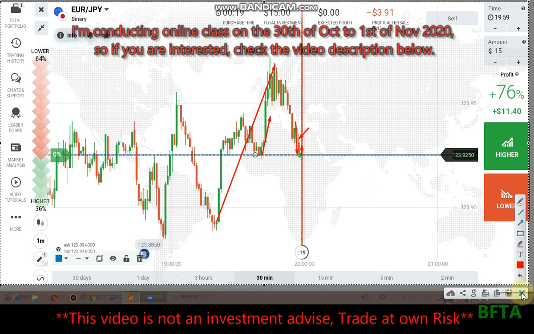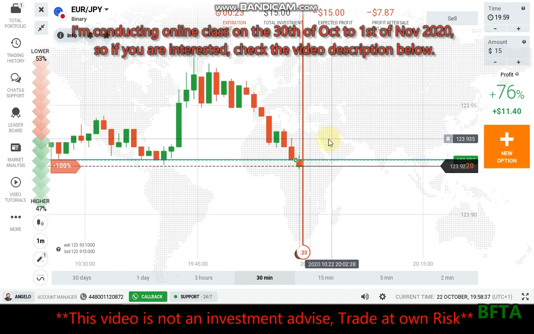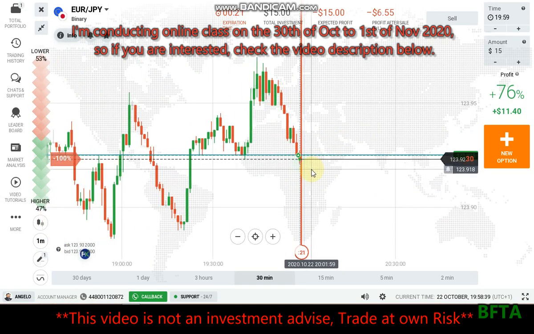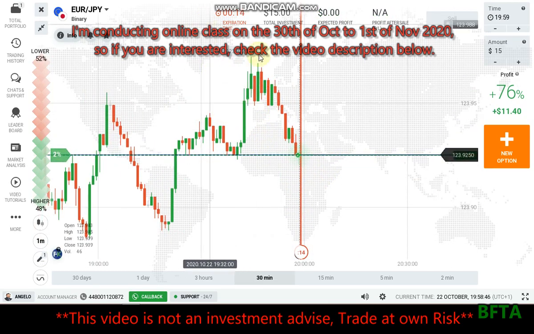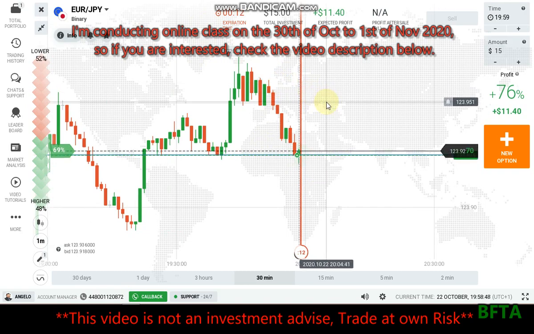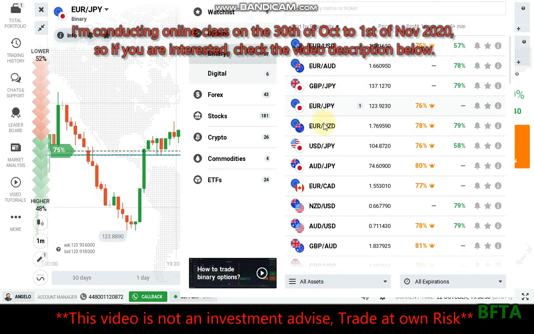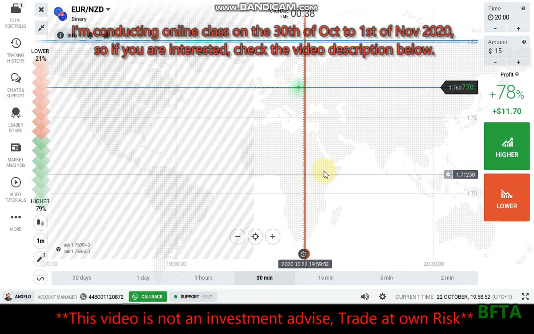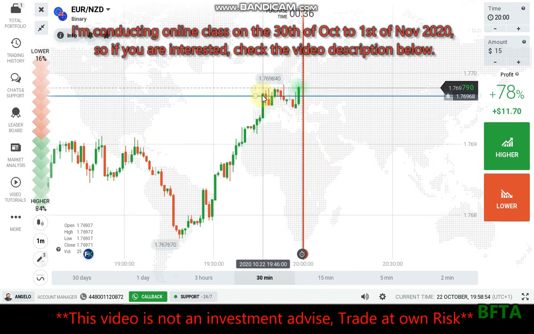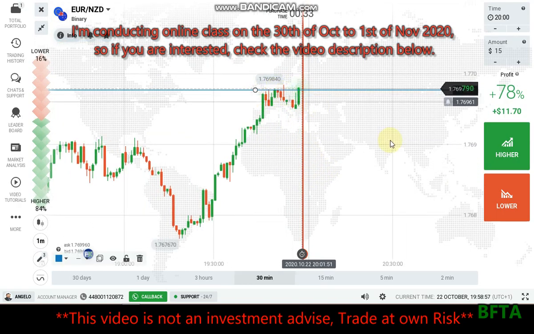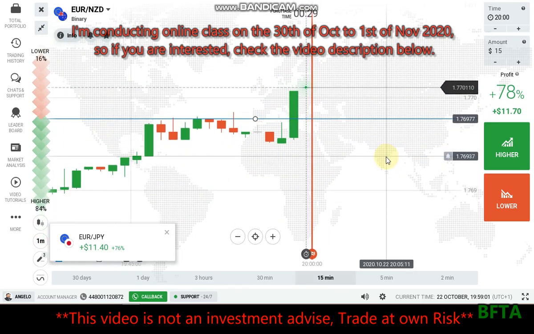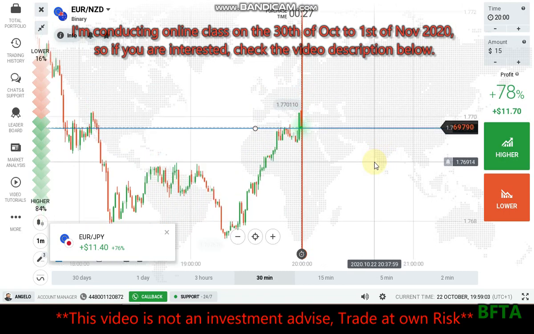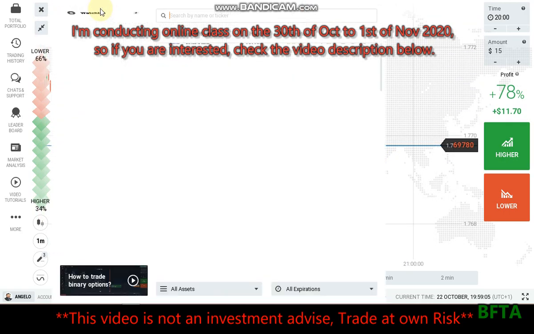That is why I place call option. There's supposed to be a bullish candle. Good entry points.